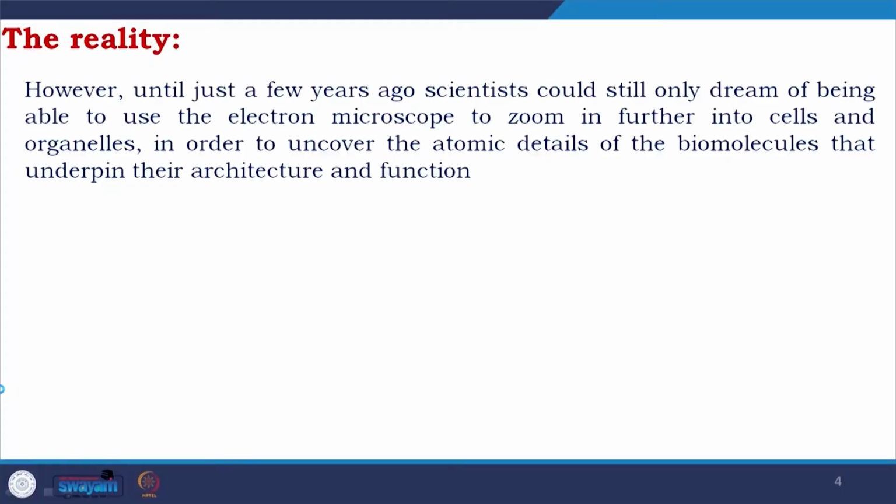However, until just a few years ago, scientists could still only dream of being able to use the electron microscope to zoom in further into cells and organelles in order to uncover the atomic details of the biomolecules that underpin their architecture and function. So, yes, overall biology was possible, but entry to the atomic level was kind of impossible, challenging.